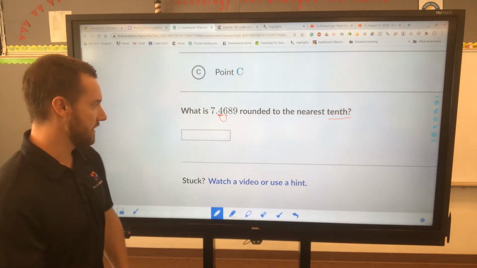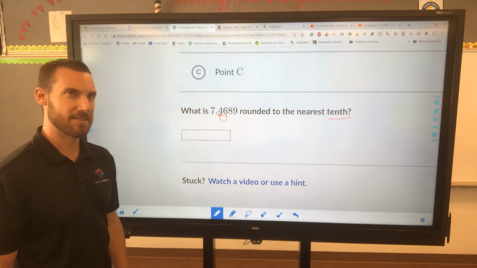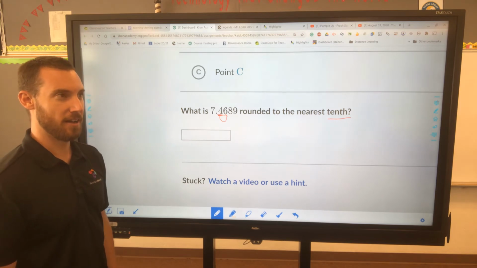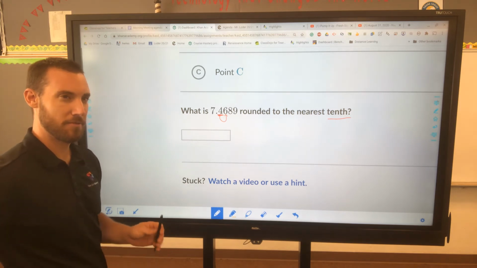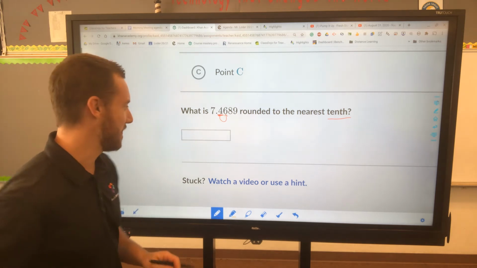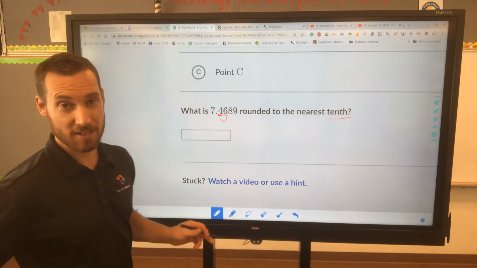And there's a nice little rhyme. How does it go? 5 or more, let it soar. 4 or less, let it rest. Ha! I remembered it. Okay, so 5 or more, let it soar. 4 or less, let it rest.